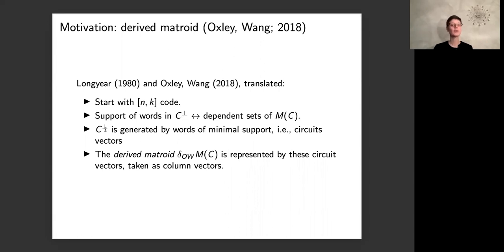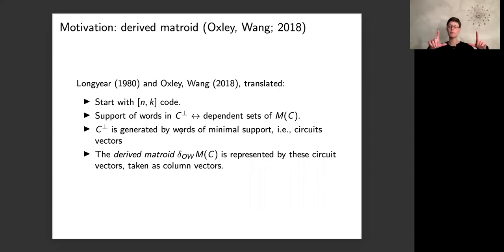And actually another well-known thing, and you have to think about that a little bit more, is that my dual code is actually generated by words of minimal support. So it's generated by things that we call circuit vectors. Circuit vectors are simply vectors that give me the coefficients of the linear dependence of a circuit.